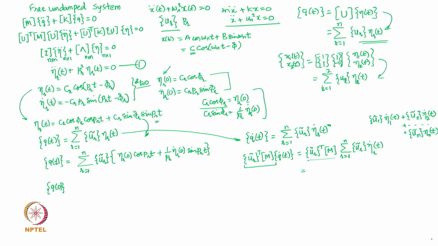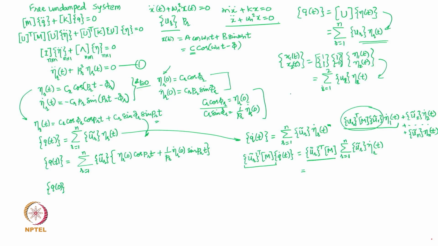Now you are pre-multiplying each of these terms by this ur transpose m, right? Now ur transpose m multiplied by, let us say, the first term here, what will be the value of this term? Recall what your orthogonality conditions are.